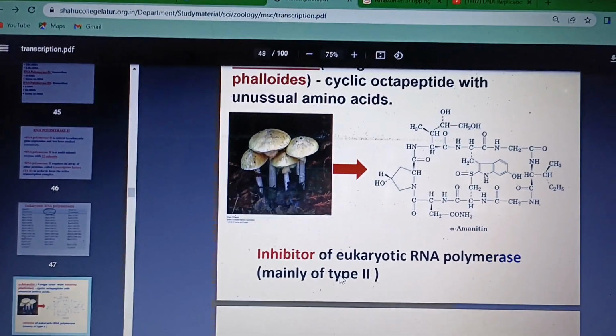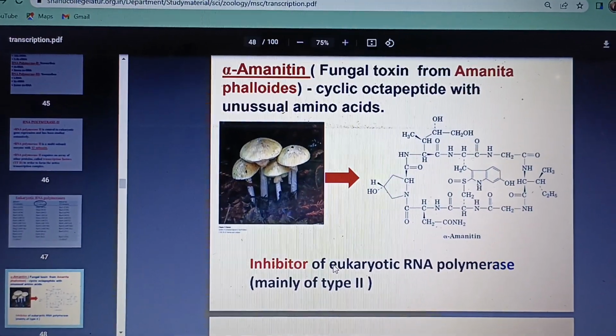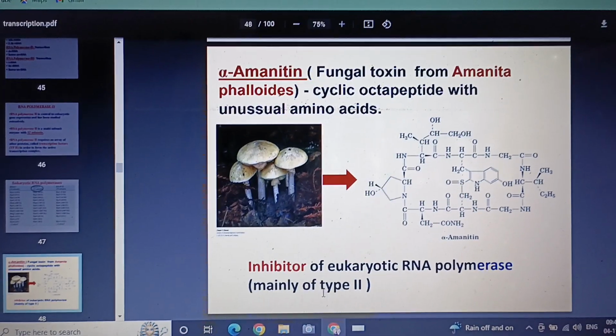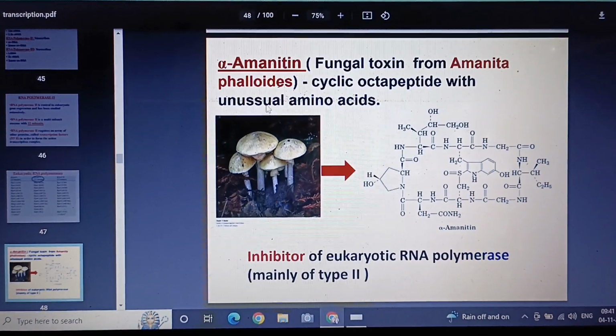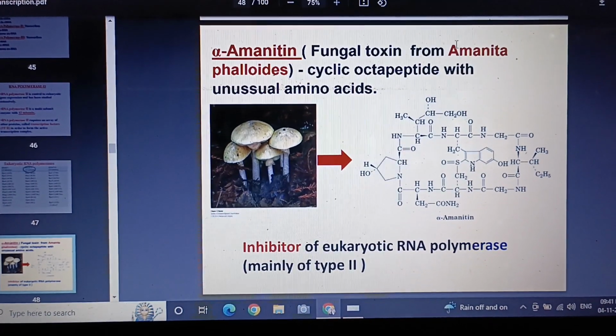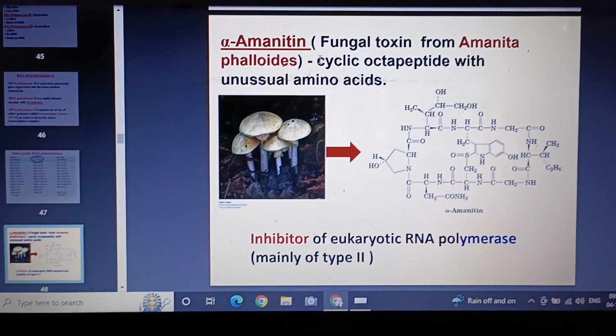This is the inhibitor of eukaryotic RNA polymerase, mainly type 2 RNA polymerase, which is nothing but alpha-amanitin. It's a fungal toxin from Amanita phalloides.